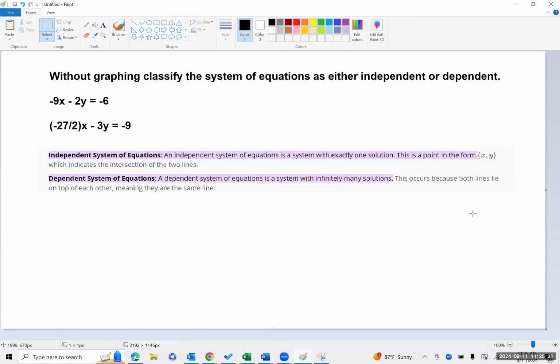So we basically need to find out if these lines intersect at one point or everywhere.